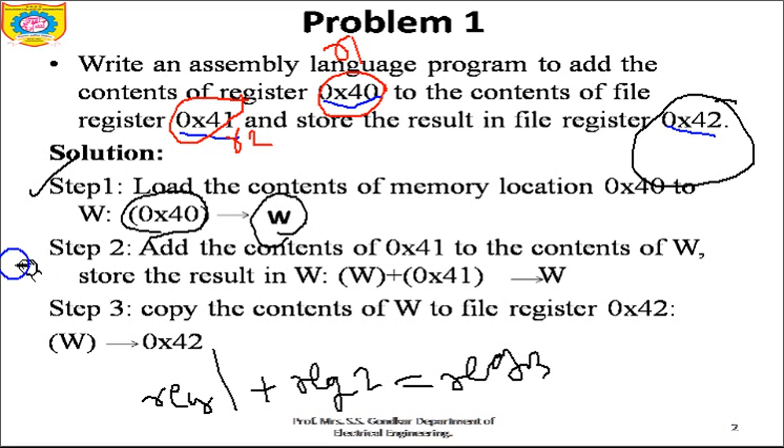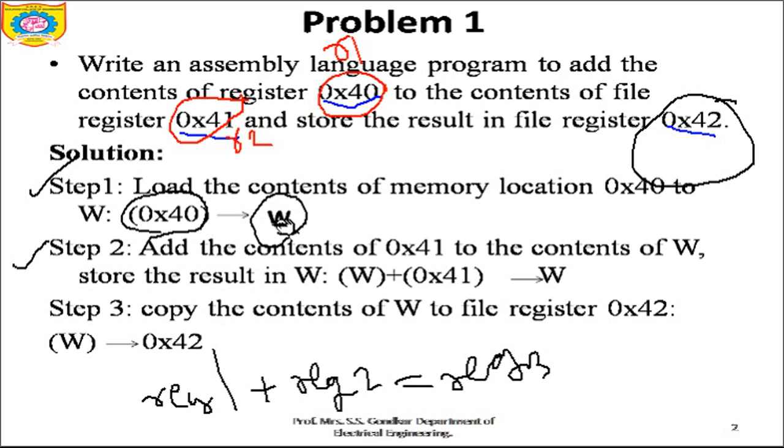The second step is to add the contents of 0x41 location to the contents of W and store the result in W. Whatever the contents may be, data is not given, so don't worry about that.